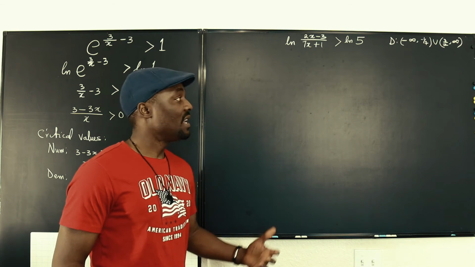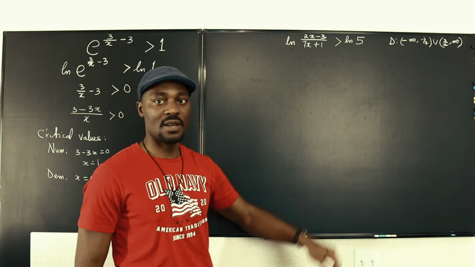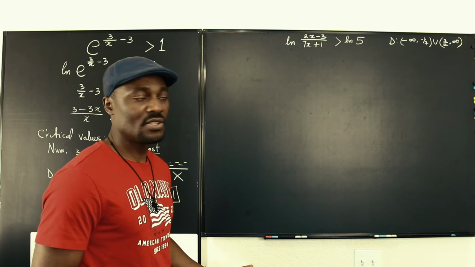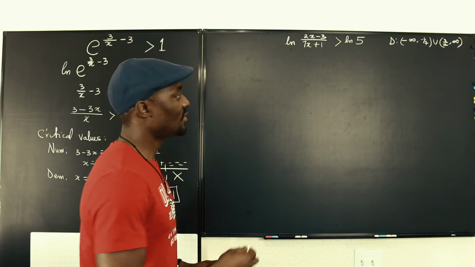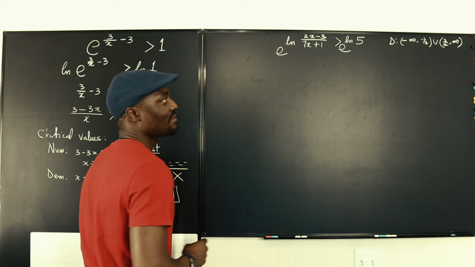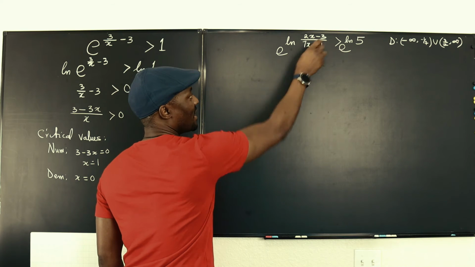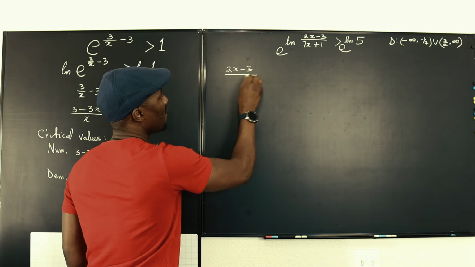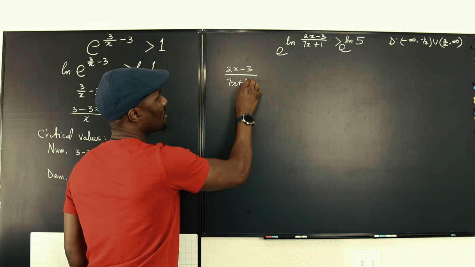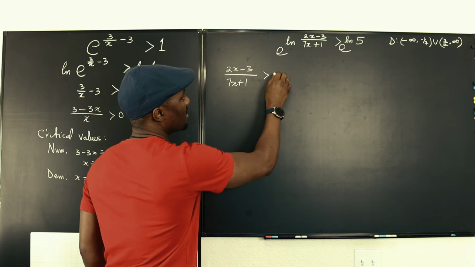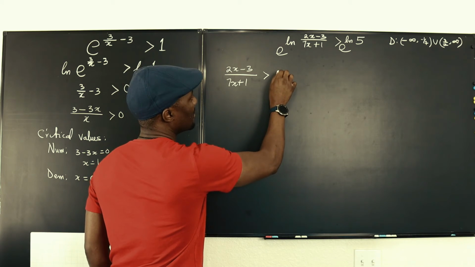Our first step is to get rid of the natural log, which we do by just raising both sides to e. That gets rid of this, and then we have 2x minus 3 over 7x plus 1 is greater than 5.